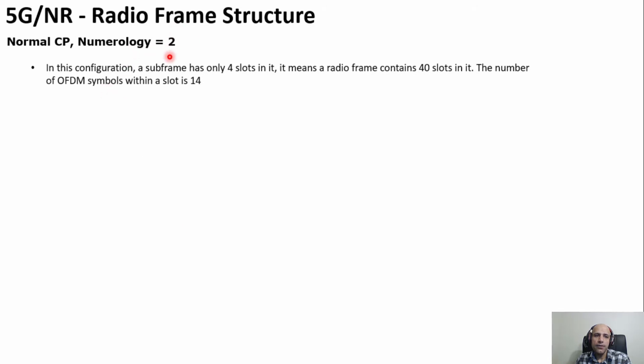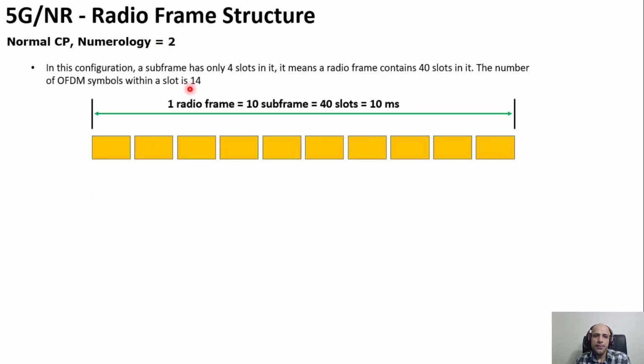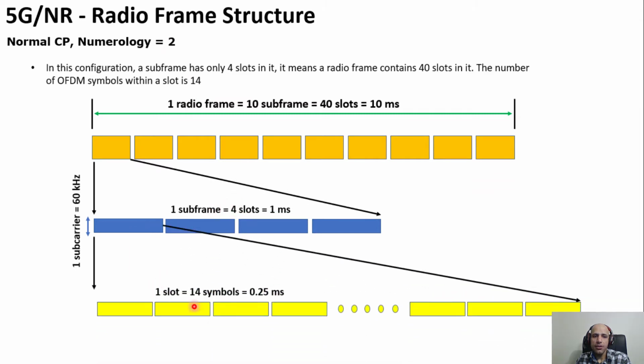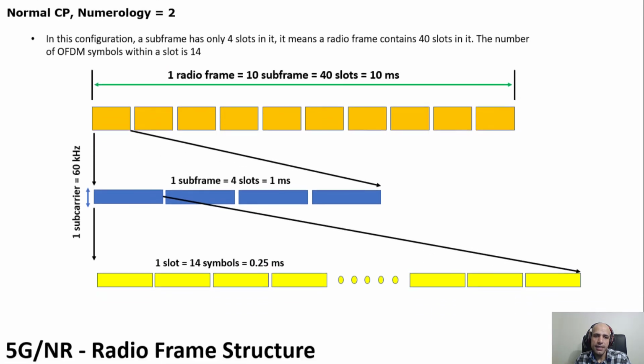It is the same when you have numerology 2: you will have 4 slots per subframe, each slot has 14 symbols, and your slot length changes to 0.25 millisecond. This is a difference between LTE and 5G. As we showed before, in LTE your time slot length is always fixed at 0.5 millisecond.